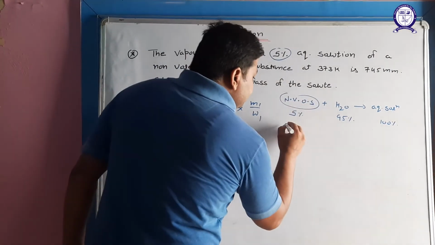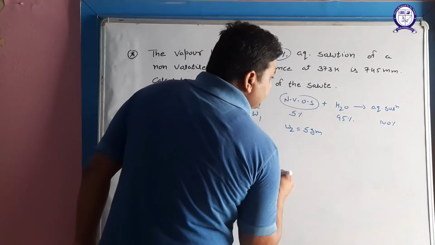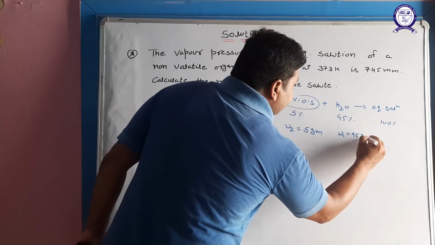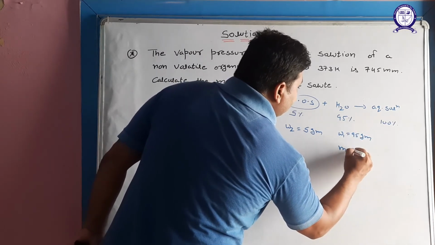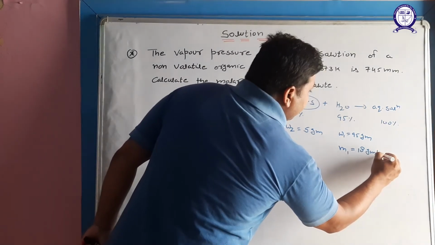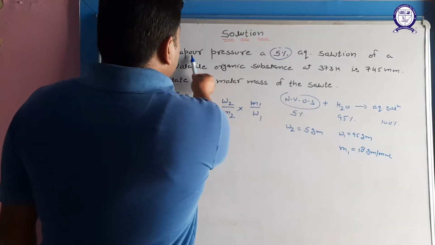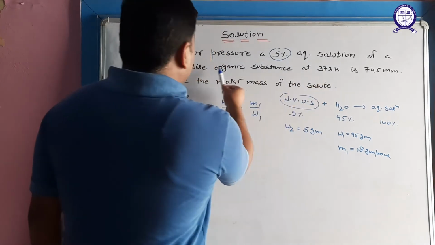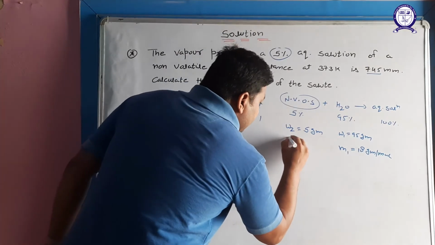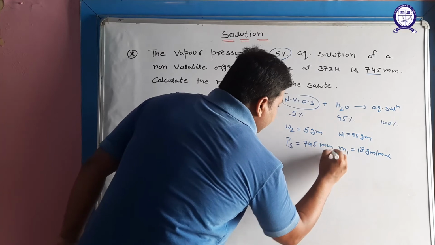Weight of solute, percentage by mass used, is 5 gram, W2, and 95 gram is W1, M1 is 18 gram per mole. Clear? The vapor pressure of the aqueous solution of the non-volatile organic substance is 745, which means PS is equal to 745 mm.